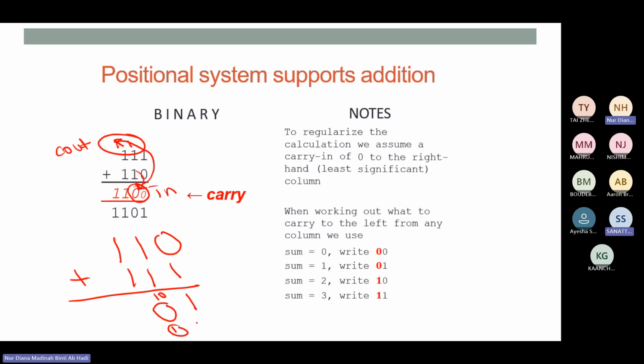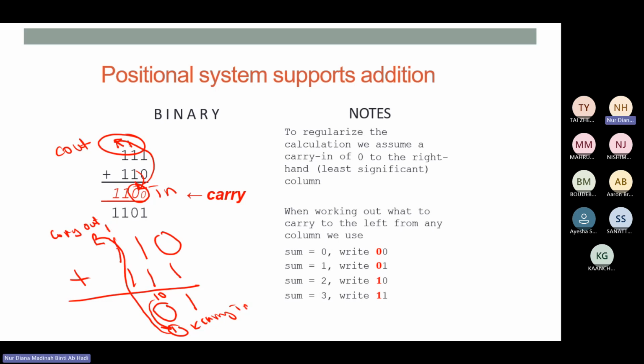So this one here is our carry in, because we carry the 0 inside the same column. We call it carry in. So when we move this one to the next column here, this would be known as a carry out. We carry it out to the next column.